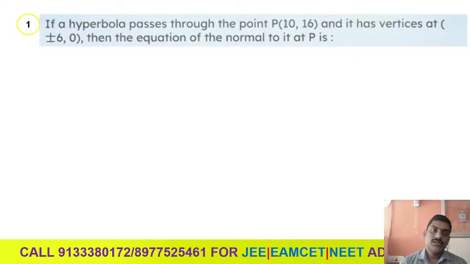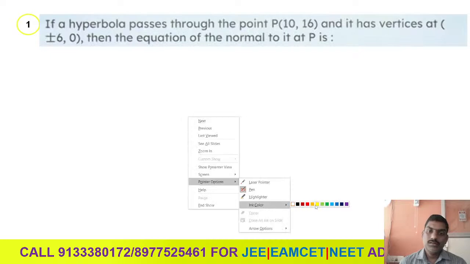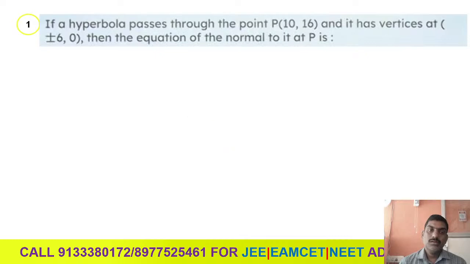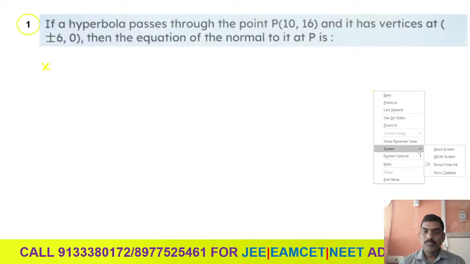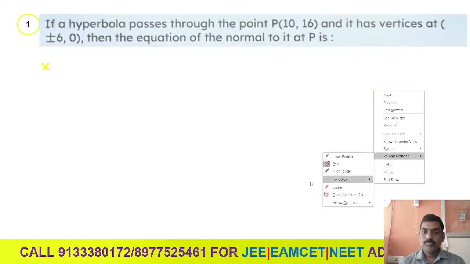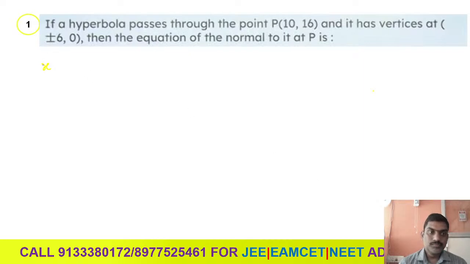So here, what is the hyperbola? x square over a square minus y square over b square is equal to 1.